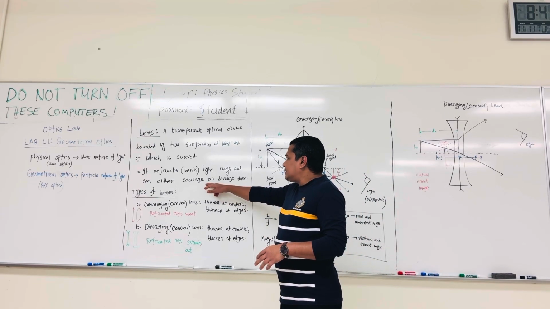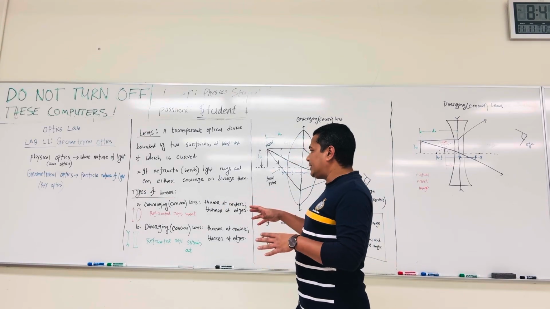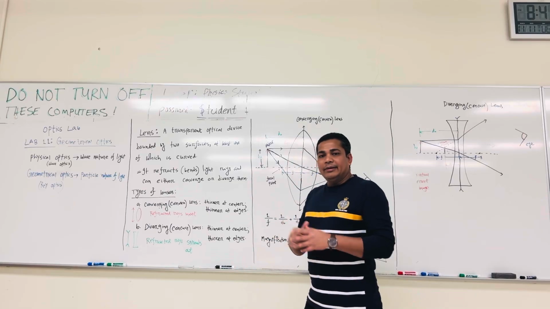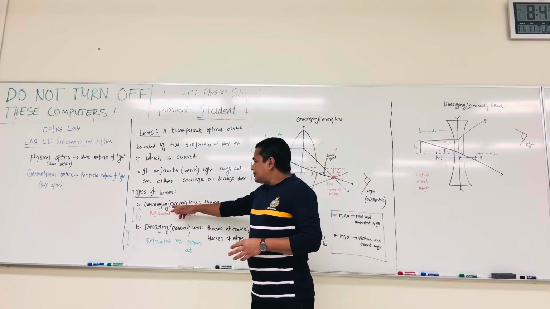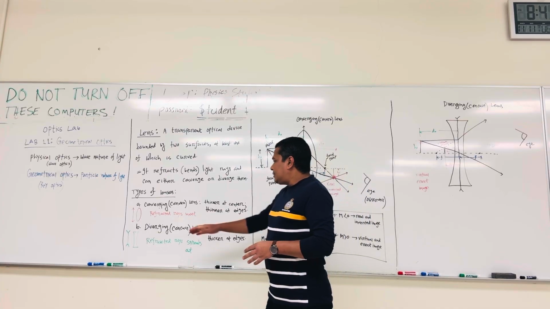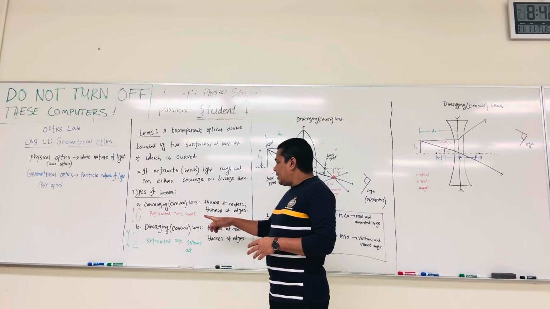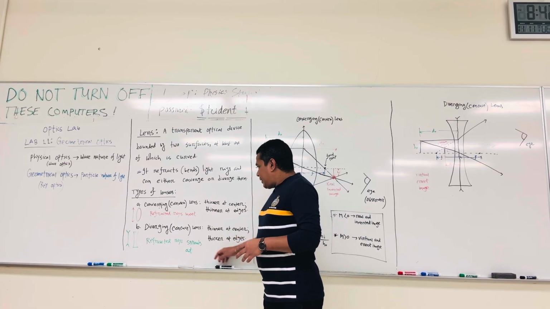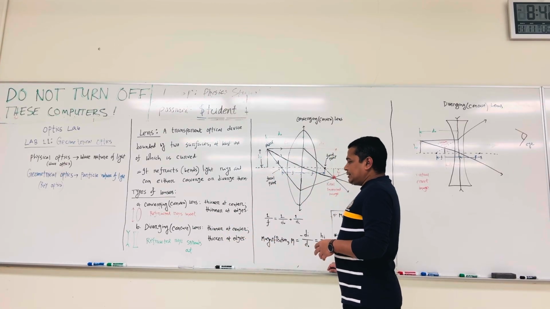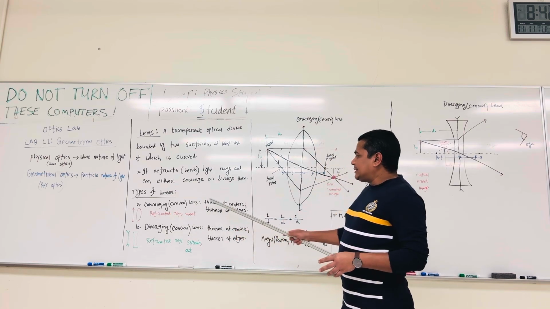Depending on this converging and diverging property, there are two types of lenses. One is the converging or convex lens, another is the diverging or concave lens. Here you see in this figure the converging lens.